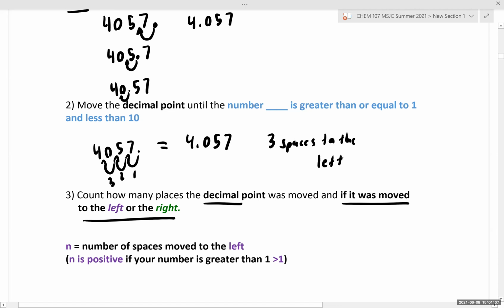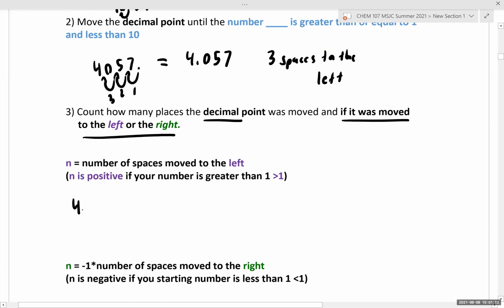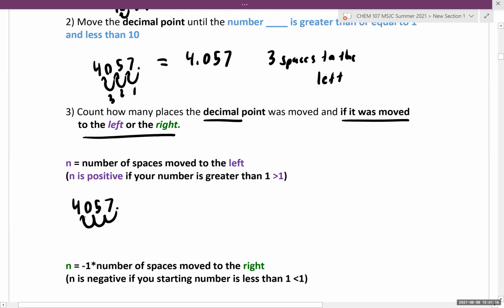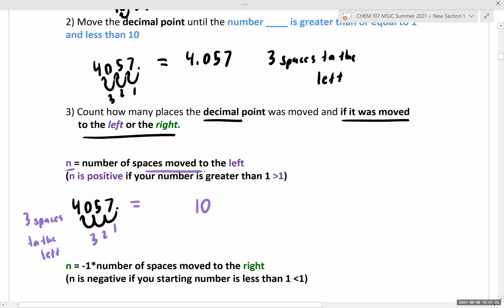I'm going to write that down. 1, 2, 3. Then our exponent n is positive and equal to the number of spaces we moved our decimal point to the left. n is positive if your base number is greater than 1.